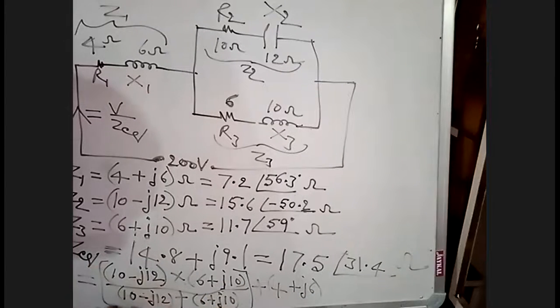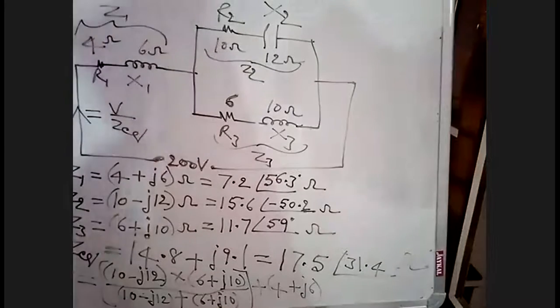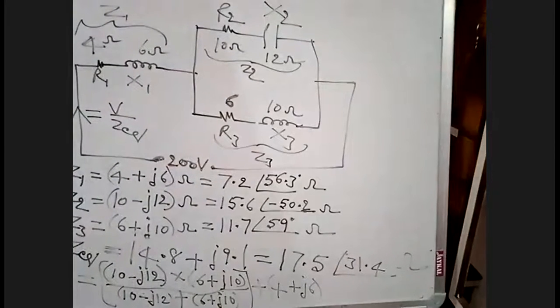First you keep your calculator in complex mode. Go to mode. Done, sir. Okay, and type this: brackets 10 minus J12 into brackets 6 plus J10.